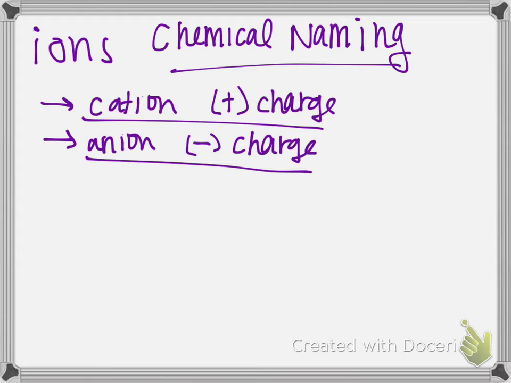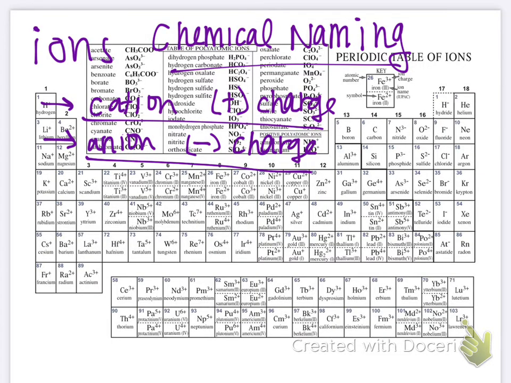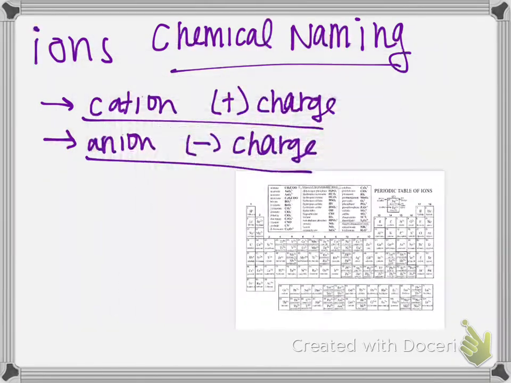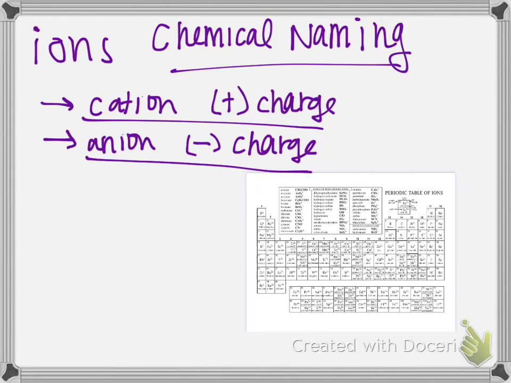Okay, so as we start to go through this lesson, I want you to pull out your periodic table of ions, which looks like this, right? It's on the back side of your regular periodic table. It's got a periodic table of ions all on it. That is going to be something that we are going to use a lot for this chapter.